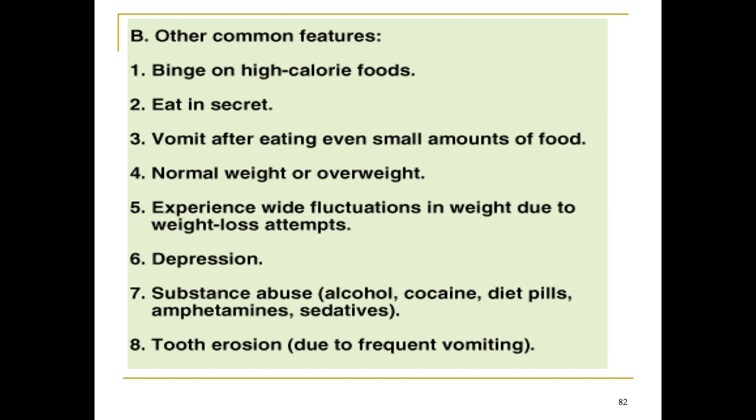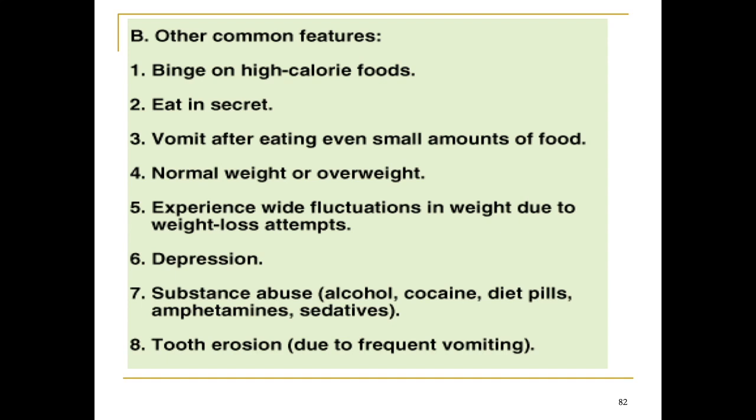Now, these people tend to binge on high-calorie foods and eat in secret, and then they vomit, which might lead them to be a normal weight, but generally they are still overweight as a result because of all the reasons we talked about. Not eating enough calories will depress your metabolic function.